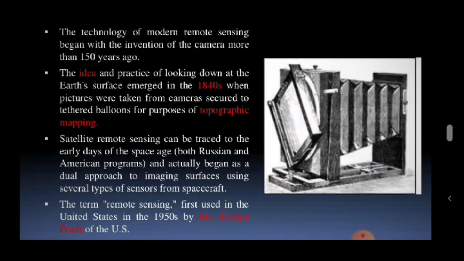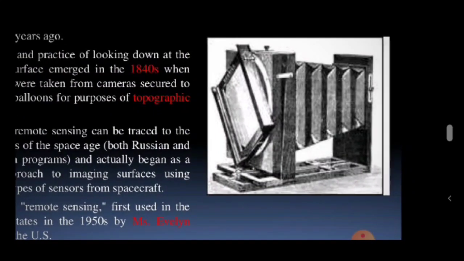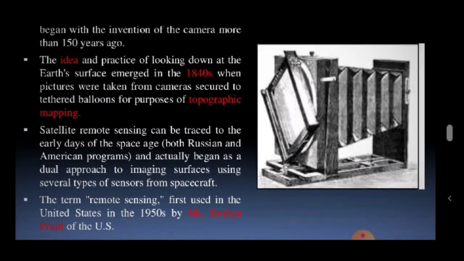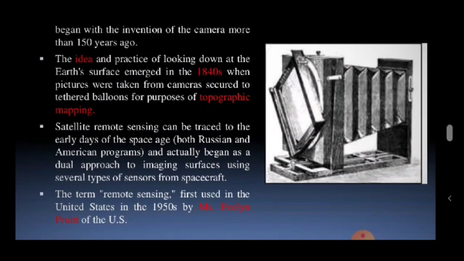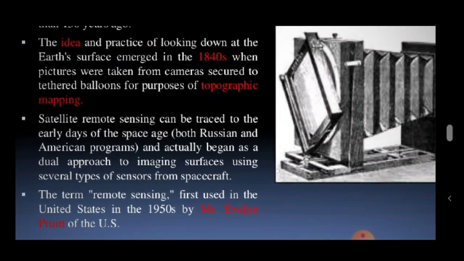The idea and practice of looking down at Earth's surface emerged in the 1800s with the invention of the camera. Just the invention of the camera, then comes the invention of balloons, then all the new inventions come, and the remote sensing concept developed through that as well.